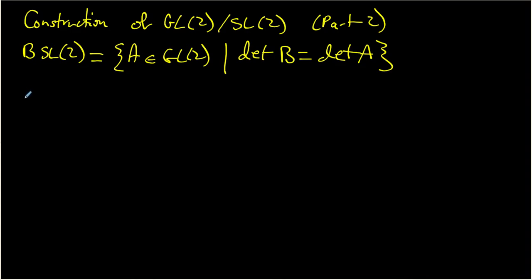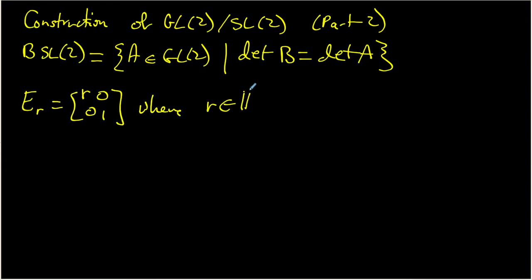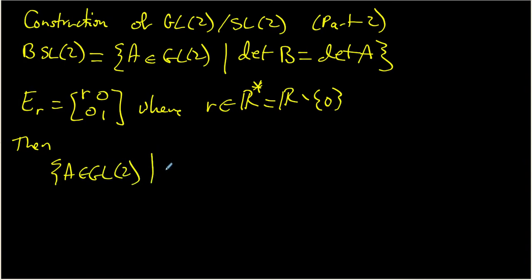We also have some notation that I want to establish. If I let the matrix E_R be the matrix [R 0; 0 1], where R is inside of the non-zero real numbers, then it turns out that the set of matrices in GL2 that have determinant equal to R can all be thought of as belonging to the left coset E_R times SL2.